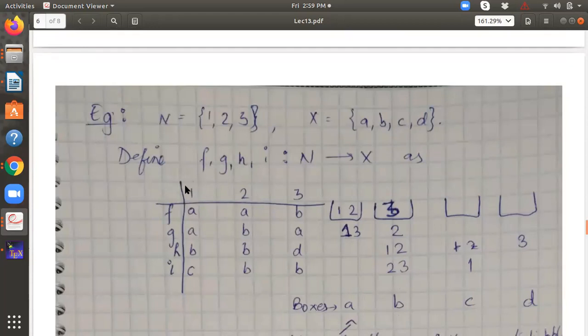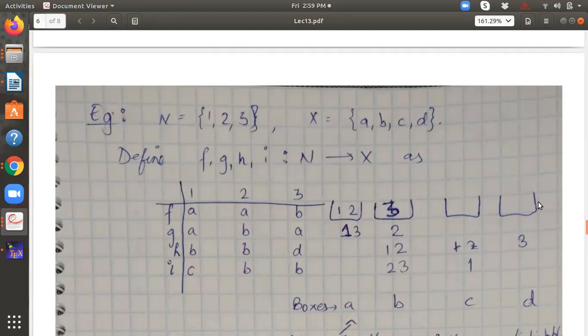So it's like how you would really play in this billiards game. The balls are numbered, and you are saying the ball with number 1 goes to box A. So you send the ball with number 1 to the box A. So this is my box A. Then 2 also goes to box A. So 2 also I have put in the box A. 3 goes to box B. So this was the box B. So here I have put my 3.